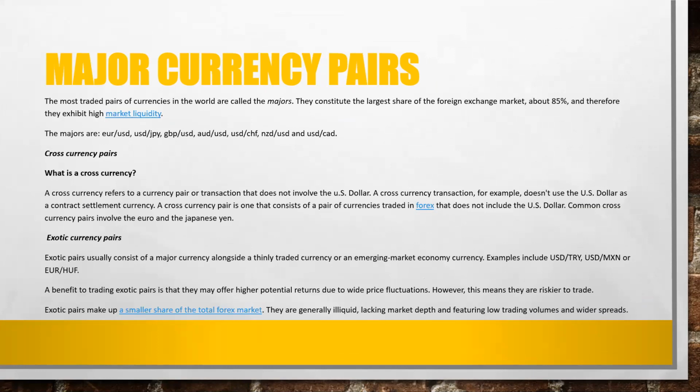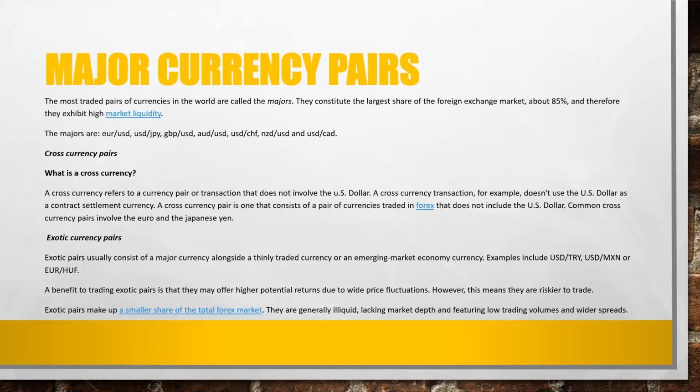They constitute the largest share of the foreign exchange market, about 85%, and therefore they exhibit high market liquidity. With major pairs, we are comparing the strongest economies or currencies in the world, each and every one of them, to the strongest economy, which is that of the United States.